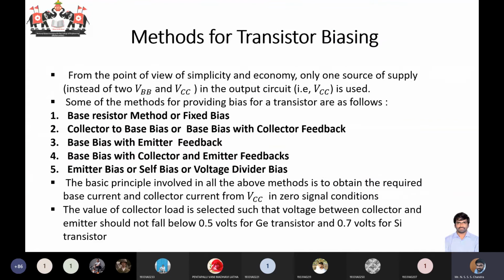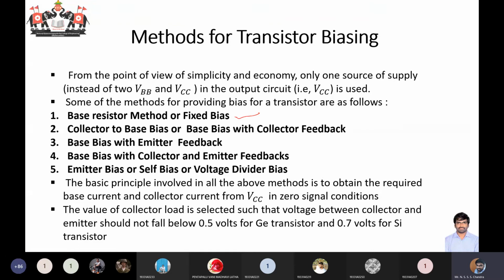Now that we have derived the factors like stability factor S and stability factor S beta, we need to check how these stability factors vary in different biasing circuits. We have 5 different biasing circuits to be covered within our syllabus. The first circuit is known as fixed bias circuit, also known as base resistor method. The second circuit is known as collector to base bias circuit, or base bias with collector feedback.